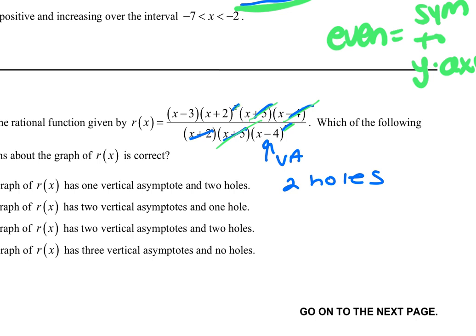You canceled out the x plus 2 completely from the bottom, so it's a hole. And what if you had 2 x plus 5s on top and 1 x plus 5 on the bottom? Would there still be a hole? Yes, if you're canceling it completely. For example, x plus 2 squared is in the top, x plus 2 is in the bottom. So you canceled out the x plus 2 in the bottom, that creates a hole.